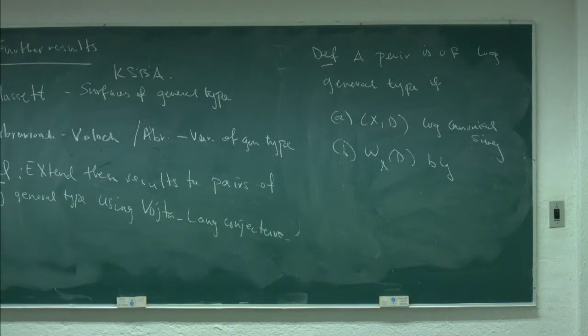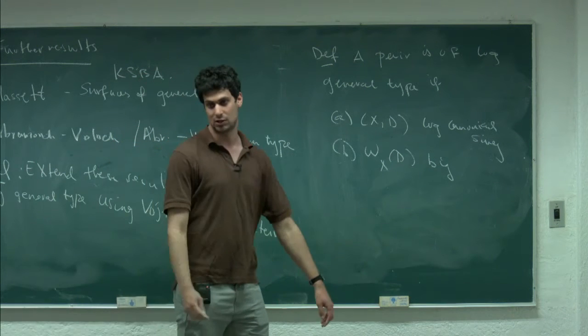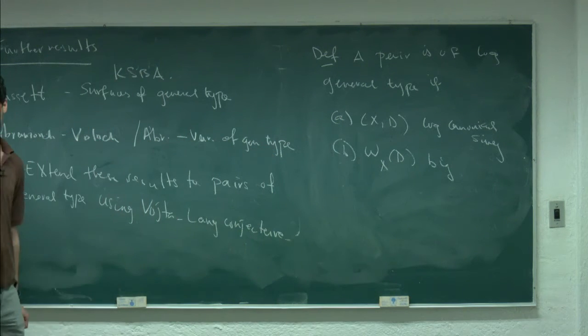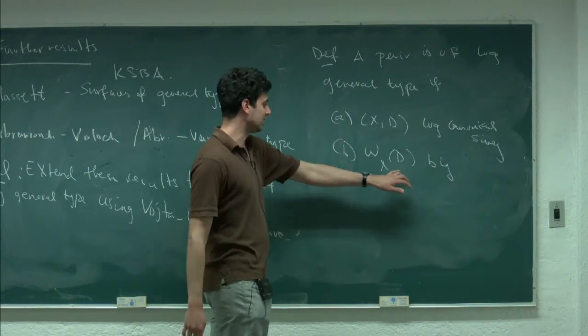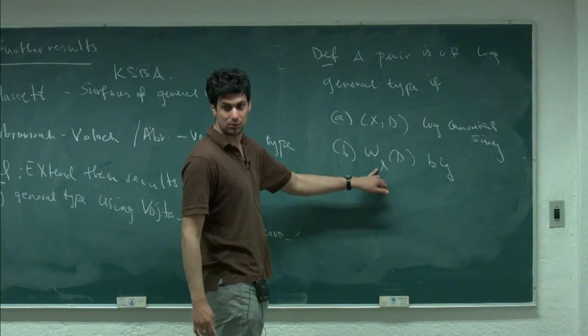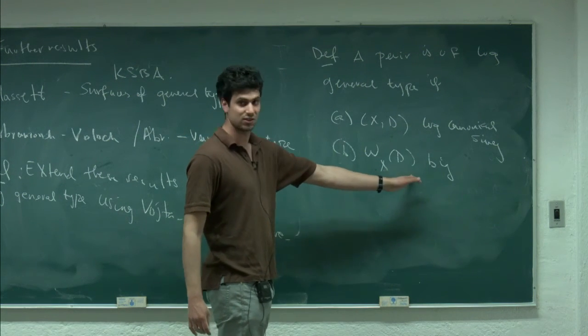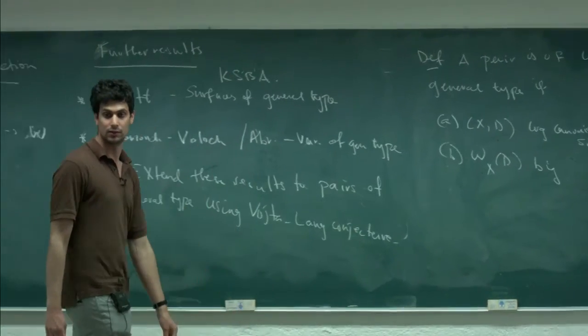Okay, and so the idea is that, for instance, if I take P2, it's not of general type, but if I take P2 and some smooth curve, say a quartic curve, that is of log general type, because it certainly has nice singularities. And if I take omega of P2, which is O(-3), and then twist by the quartic curve, I get O(1). Okay, so that's big.